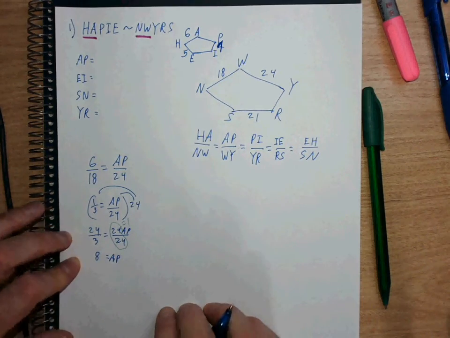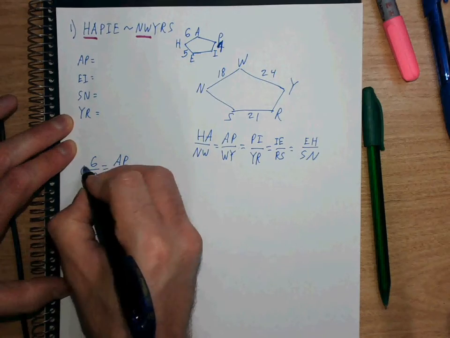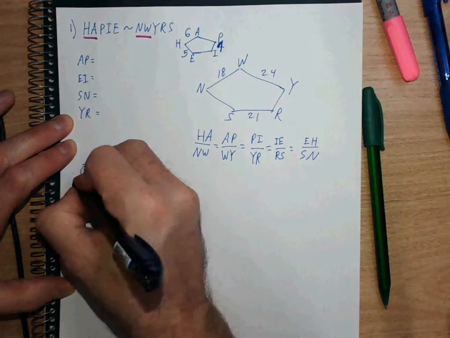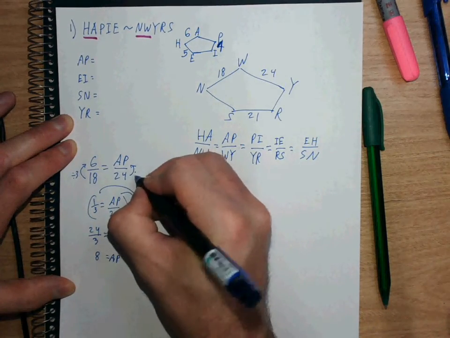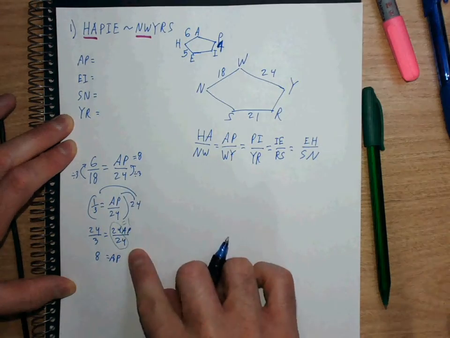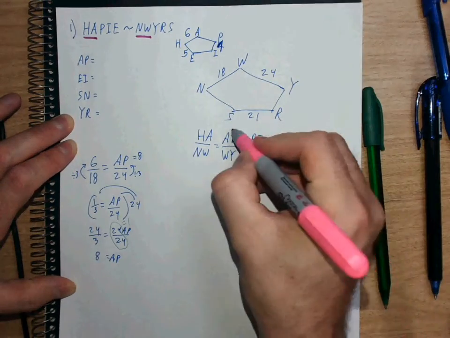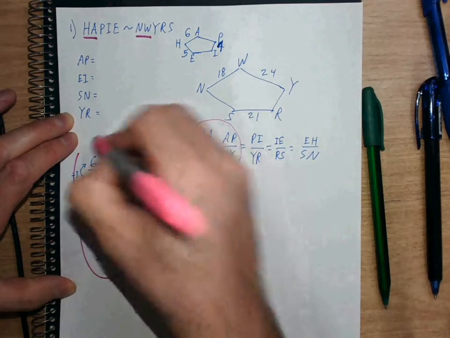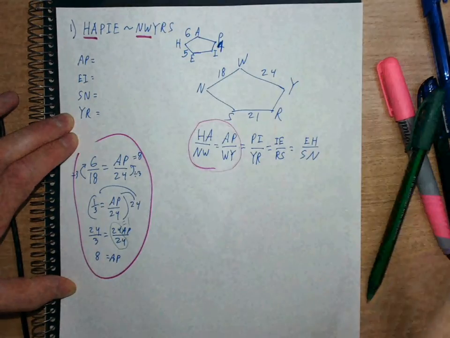Another way to think of it, which I'm going to do for most of the others, is I could say there's a relationship between 18 and 6. That's divide by 3. 18 divided by 3 is 6. So 24 divided by 3 is 8. Either way is fine, but I know that AP is 8. So I used this equation here, and I figured out that AP is 8.